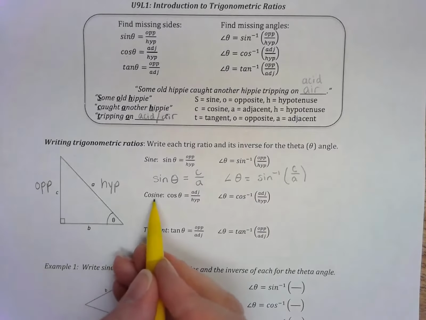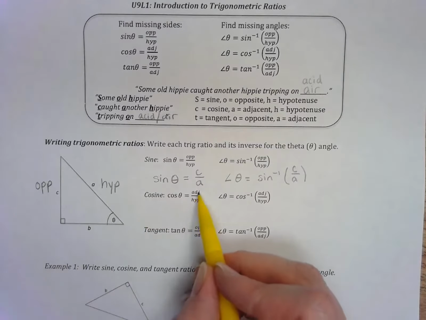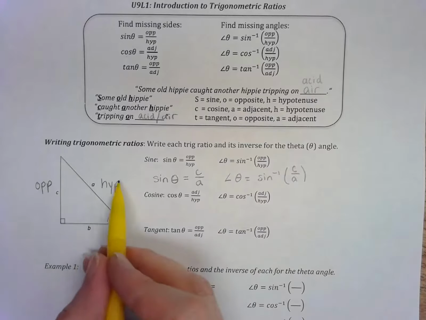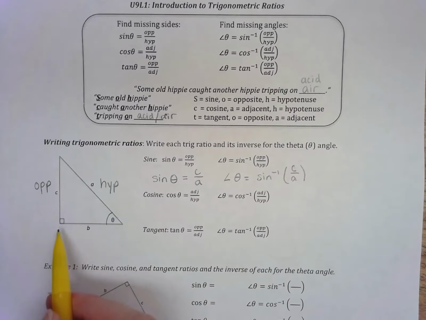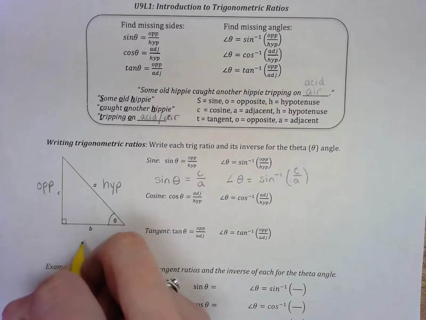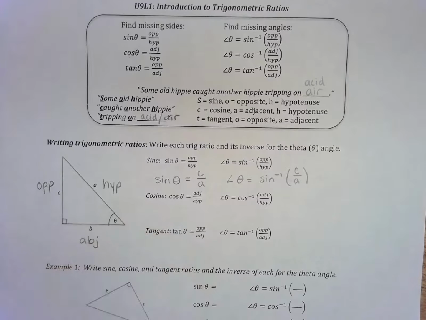So let's set up the cosine ratio. It is the adjacent over hypotenuse. Of course, we've already labeled our hypotenuse. From the theta angle, the adjacent side attaches the theta angle to the 90-degree angle. So this side labeled B is adjacent.